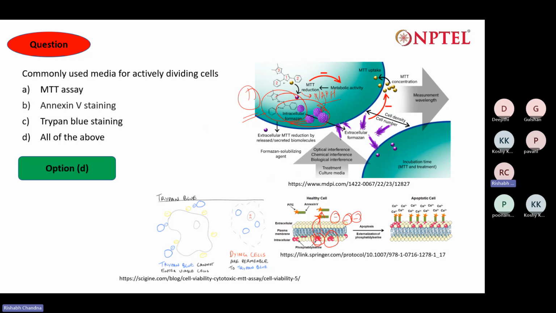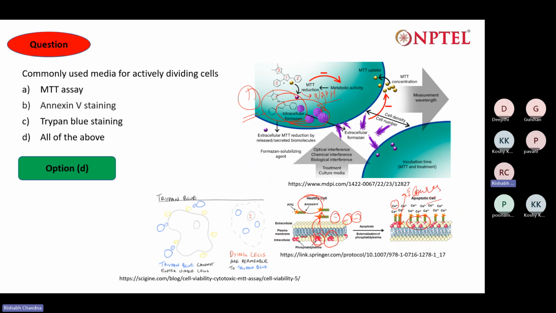There is annexin V that is labeled with FITC or any other fluorophore. If phosphatidylserine is present on the outer leaflet, then this annexin V will bind to it, and in the presence of calcium ions, this will fluoresce. Okay, so this will give us an idea of the cell death, how much cell death there is in a particular cell culture. So this is an indirect way of assessing the cell viability.